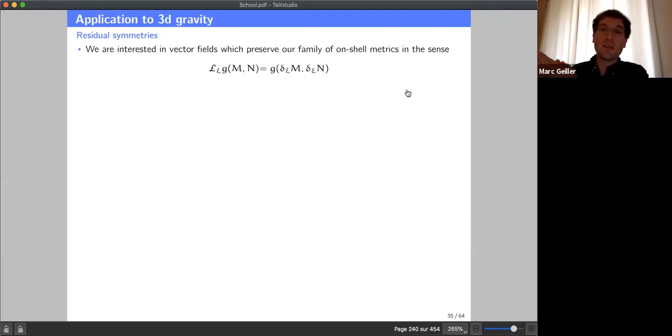Maybe now the parameters have changed. They are allowed to change, and m becomes delta m and n becomes delta n. Now we ask ourselves, are there non-trivial diffeomorphisms, and what is the vector field generating them, which preserve the family of on-shell metrics precisely in this sense? This is just a question we can ask ourselves.